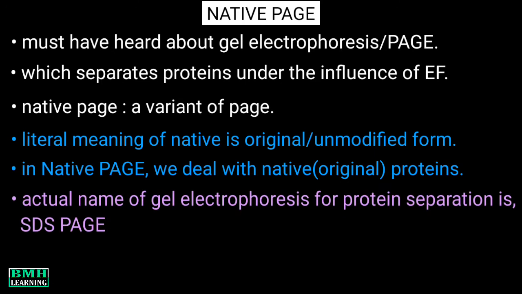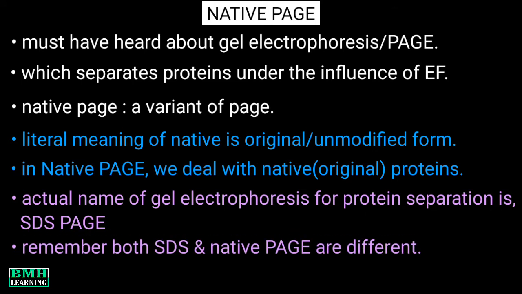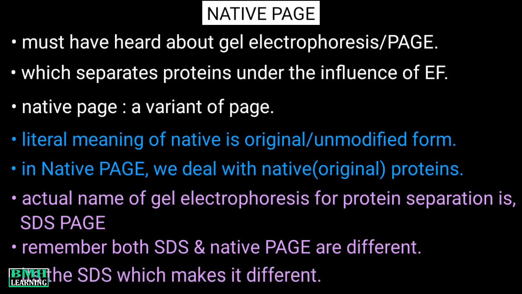Now, the actual name of gel electrophoresis for protein separation is SDS-PAGE. So, you have to remember both SDS and native PAGE are different. Now, it's the SDS which makes it different. We know the original form of protein is a folded 3D structure, which is possible because of a number of forces, bonds and interactions happening on the protein molecule.